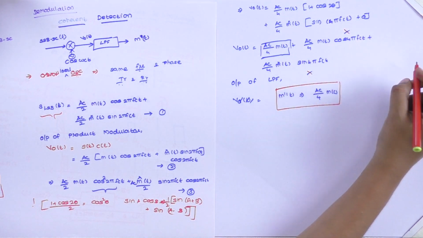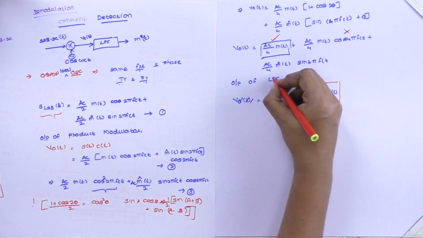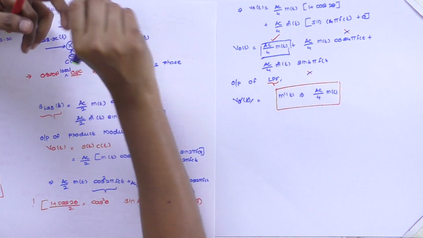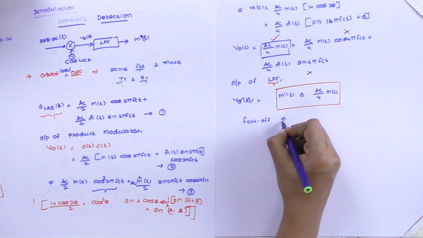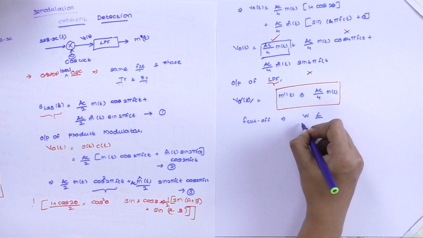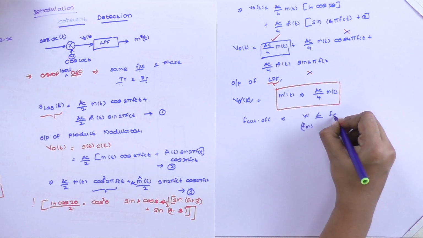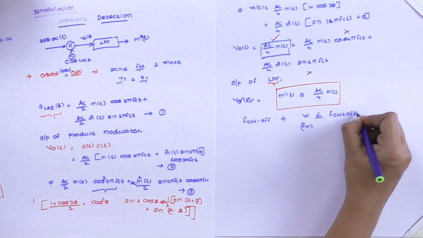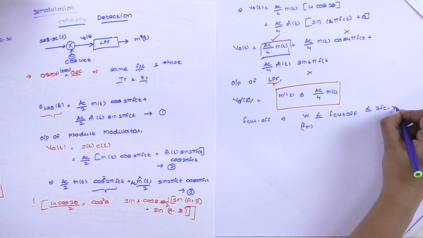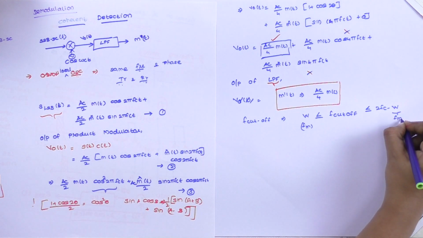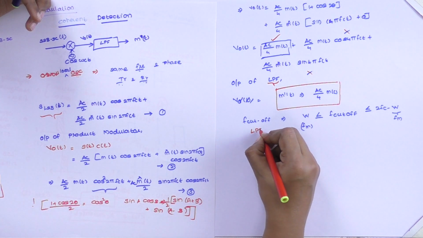These two terms are unwanted high frequency terms, therefore only this term will pass through the low pass filter. Therefore the f cutoff of the low pass filter is given by the modulating frequency W, which is fm. The modulating frequency should be less than the f cutoff of the low pass filter, and the cutoff should be lesser than 2fc minus W. This is the cutoff for the low pass filter.